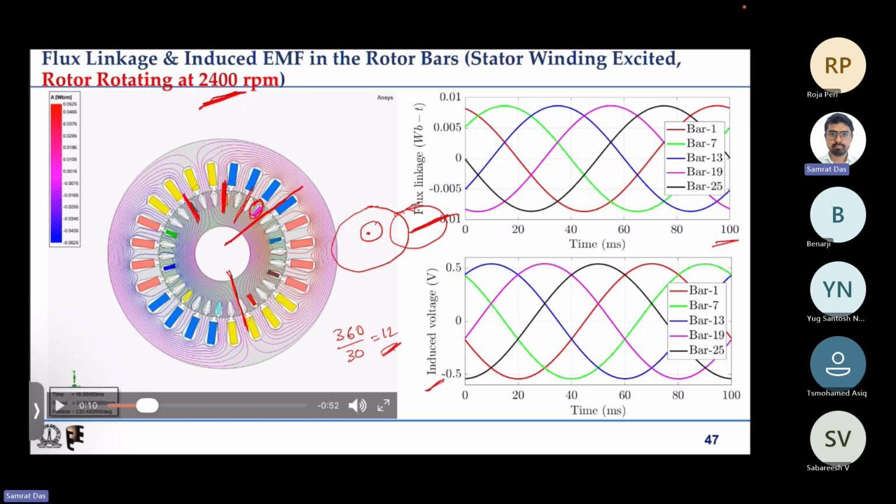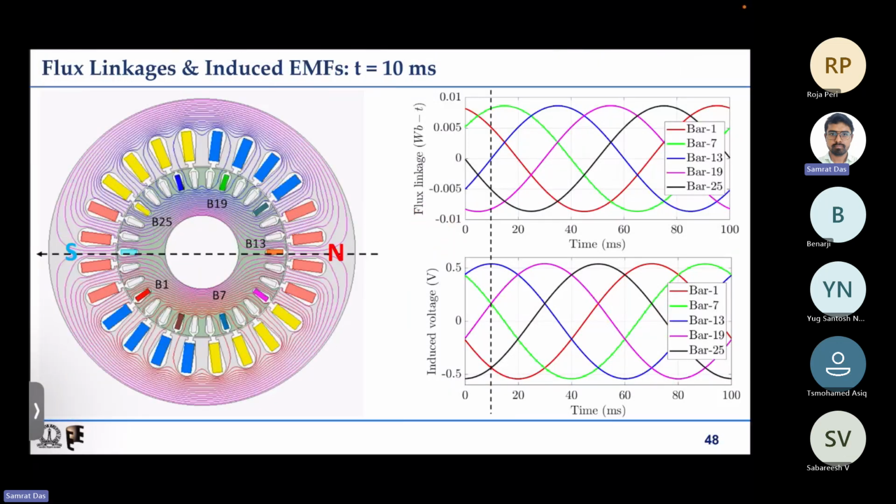If the applied voltage has certain frequencies, the output will also have only those same frequencies. So because we have induced voltage across each bar at 10 hertz, if some current flows, it will be of the same frequency.